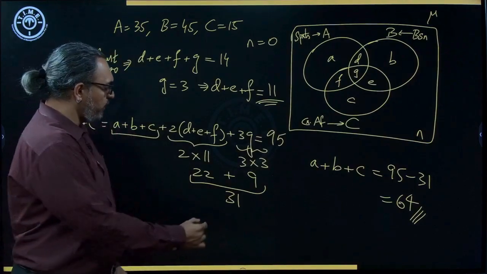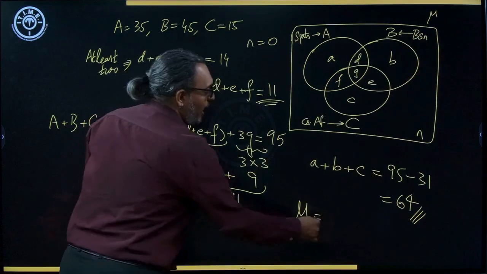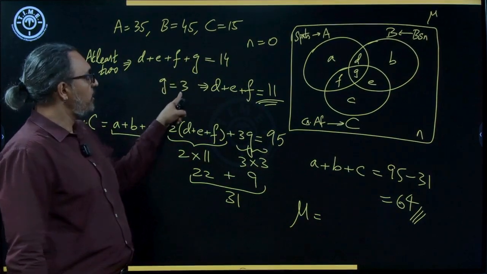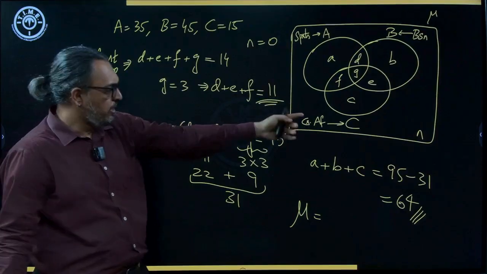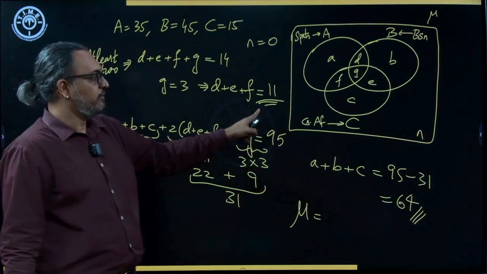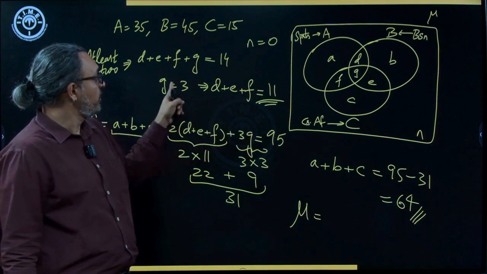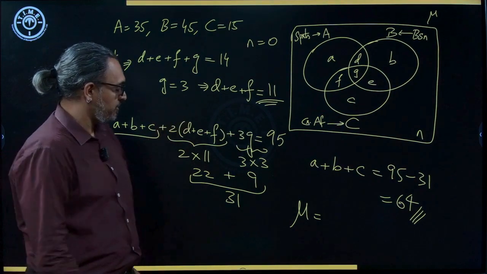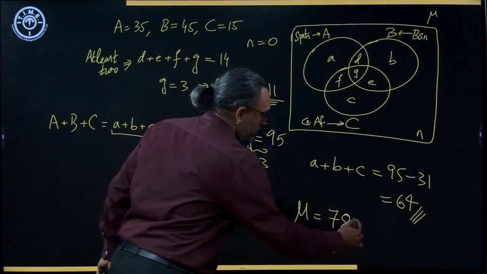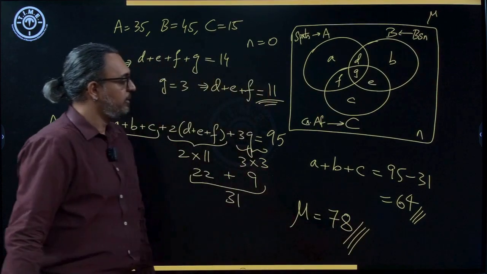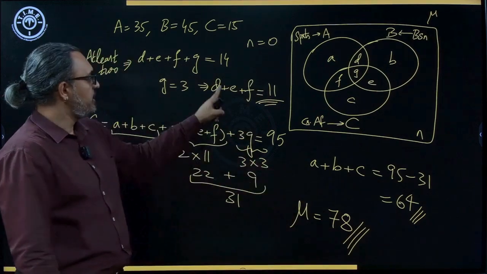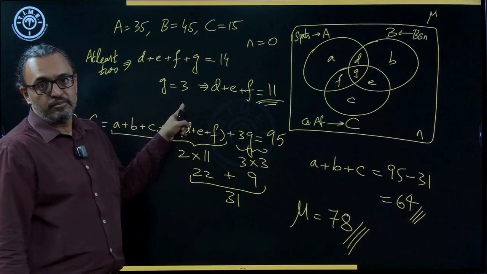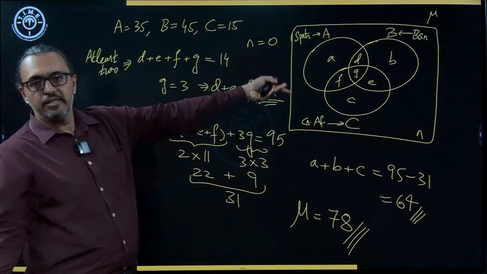Mu. How do you get mu? Mu is nothing but you add everything, means A plus B plus C plus D plus E plus F plus G plus N. You will get mu. So 64 plus 11 gives you 75 plus 3. Correct? It gives you 78. So mu basically is 78. So ABC is 64 plus DEF is 11. Correct? 75 plus 3. 78, and N is anyway 0.